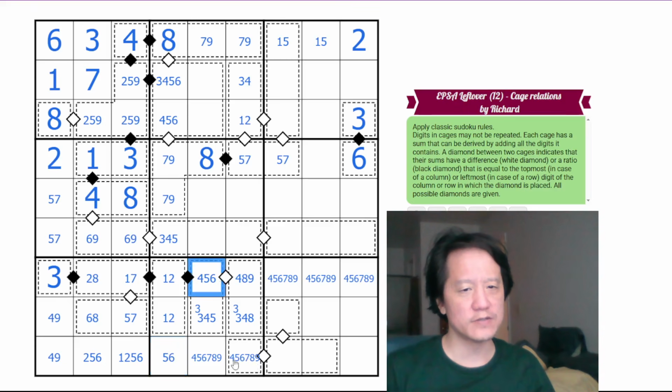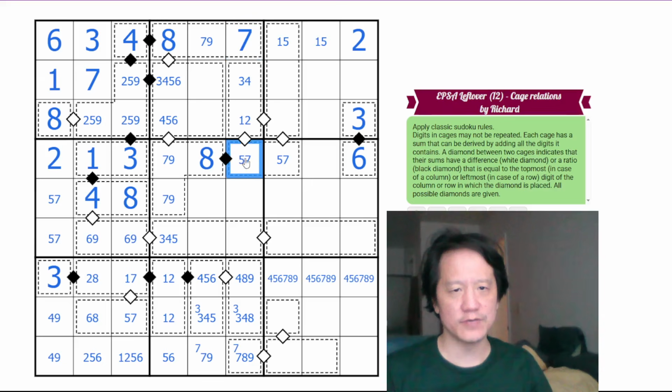So this is 5 and 6. No 4 here, no 5 or 6 here. This can't be 8. One of these is 7. Difference of 5 and 12 is 7.